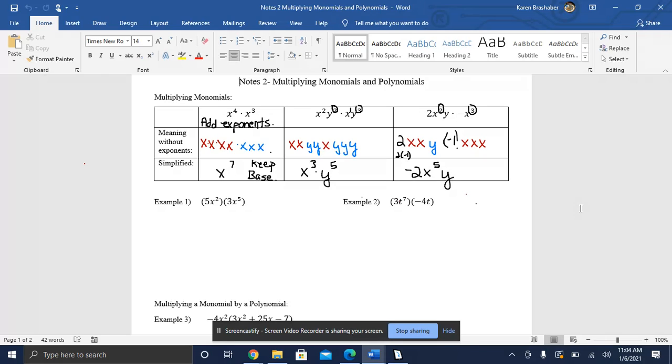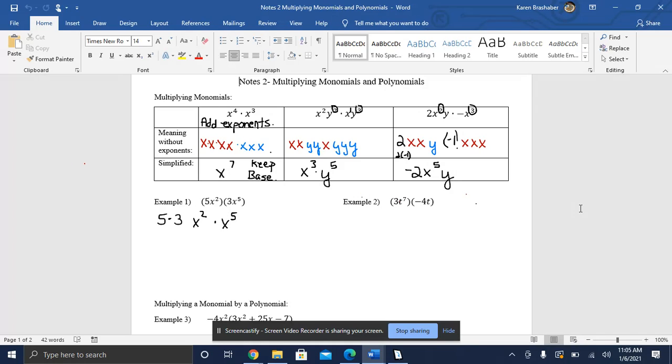We have a couple of other examples that are monomial expressions to be multiplied together in examples 1 and 2. So we have our 5 and our 3 that are coefficients. And then we have our x's, and we have x to the 2nd multiplied by x to the 5th.